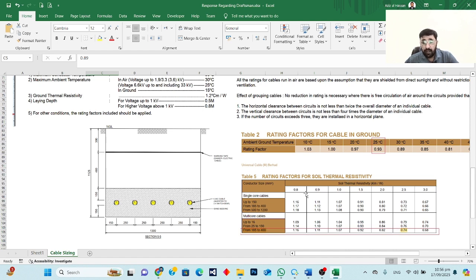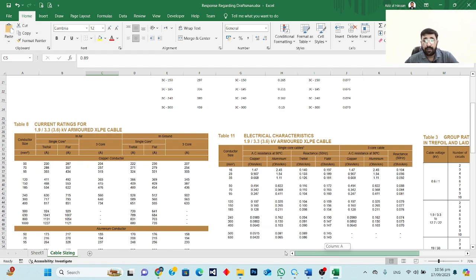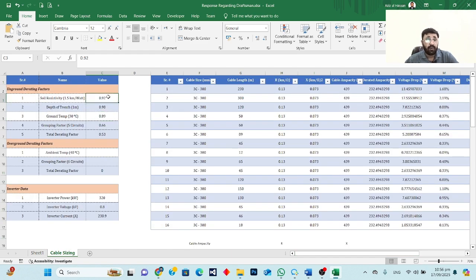You can see that they give us the value as 2.5 is 0.7, 2 is 0.8. For the cables from 185 to 400, we have to use these values. And for 1.5, they give us the 0.92 value. So that's why I have selected the 0.92 value.